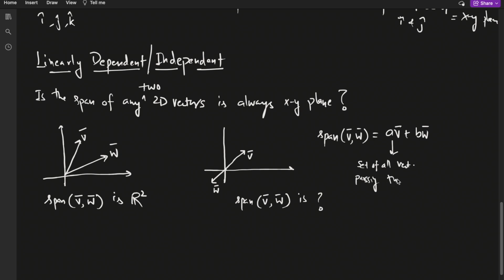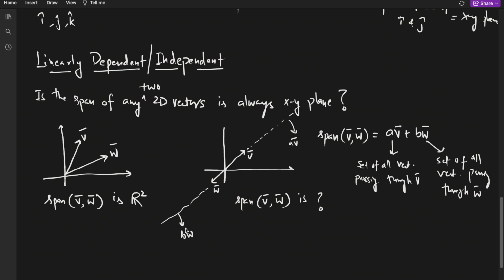So this is nothing but this entire line, which is a times V. And what is this? This is also the set of all vectors passing through W, and W is also already passing through this a comma b. So this is also bW.